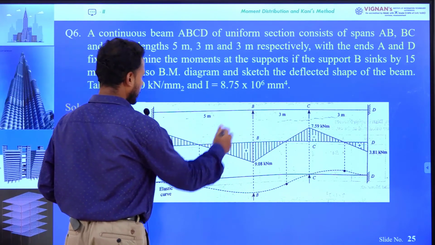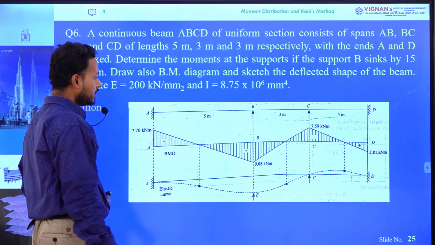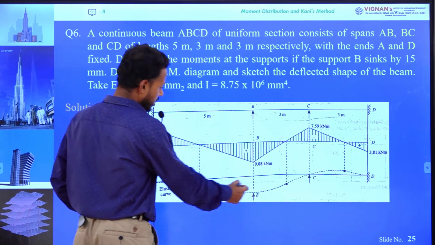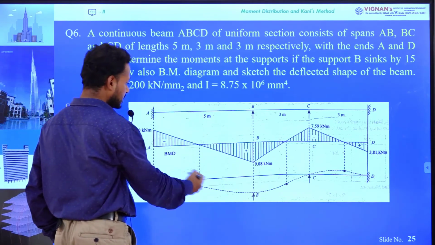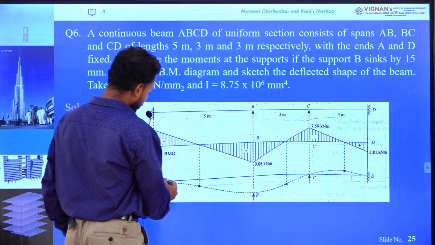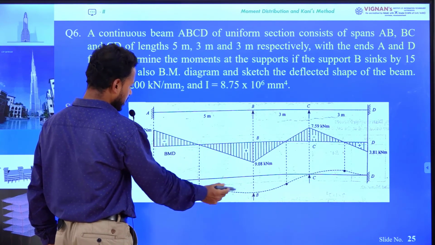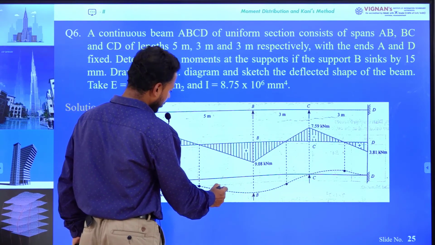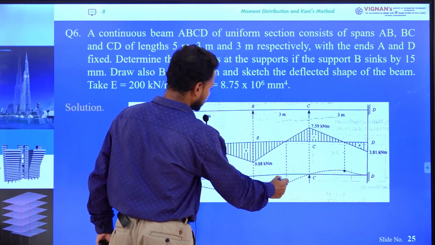you draw the bending moment diagram, and also you draw the deflected pattern of the beam. So we have a deflected pattern like this. As the support sinks, after deflection, this is the elastic curve. After deflection the span of the beam will deflect like this.